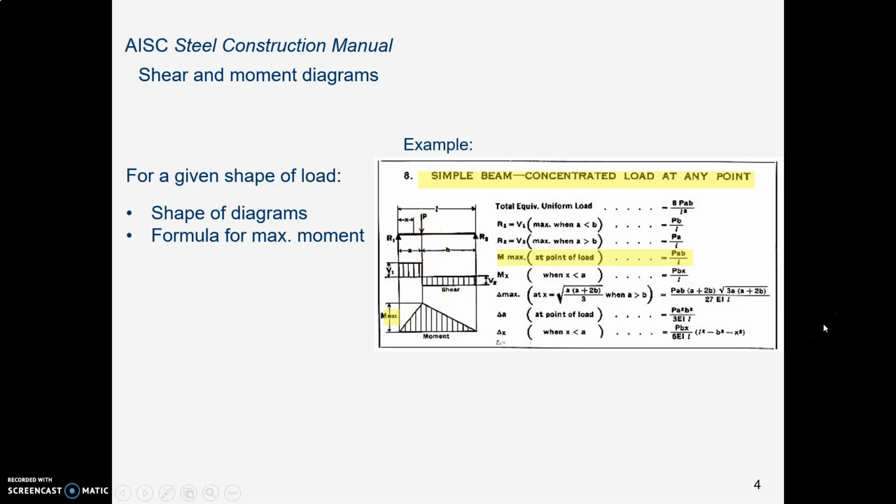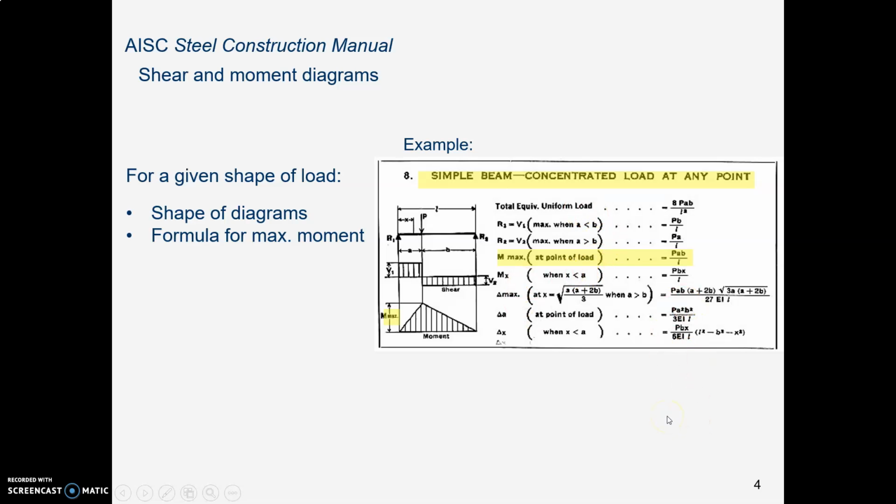Alrighty, so now we know what shape our diagrams should be. Then they show you a formula you can use to figure out the maximum bending moment or any other thing like the shear without having to use that graphical method which we used last term.